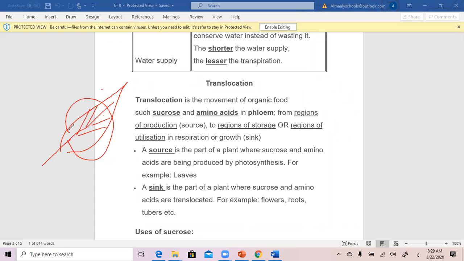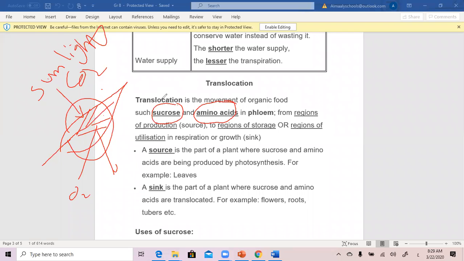The products of photosynthesis may be carbohydrate, maybe amino acids. You remember? The plant will take sunlight, then carbon dioxide, it will give oxygen and will give nutrients like amino acid, or like sucrose.